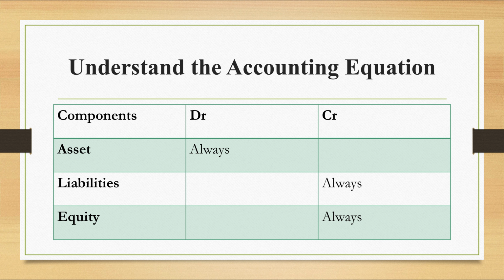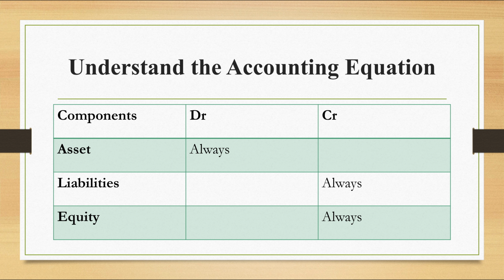Then liabilities: this is what the business owes. It owes either loans, accounts payable, salaries payable. It owes these either to the investors or to the bank. It has to be on the right hand side of this equation, so it represents the obligation to outsiders.